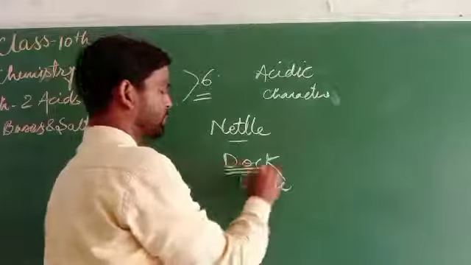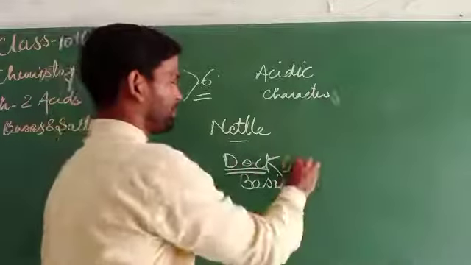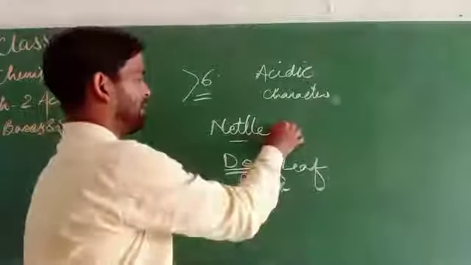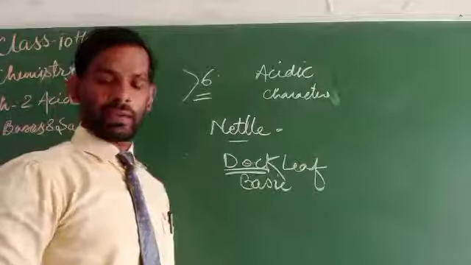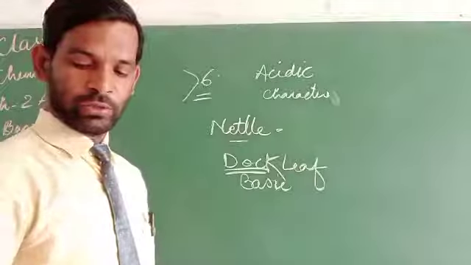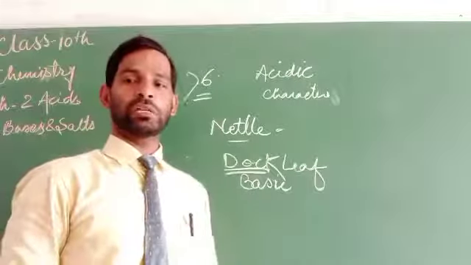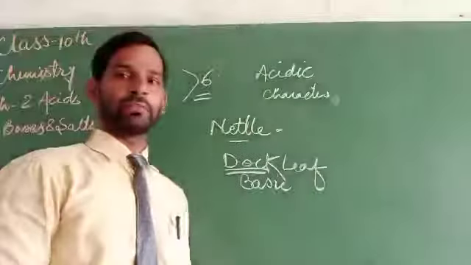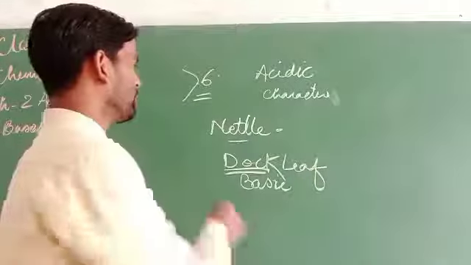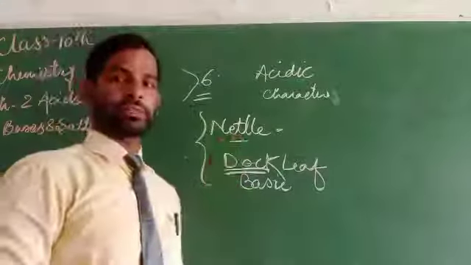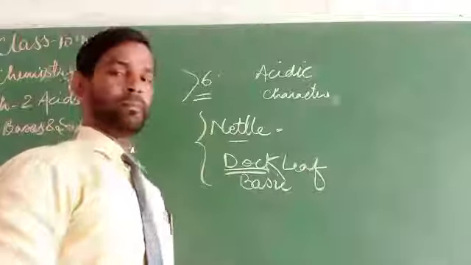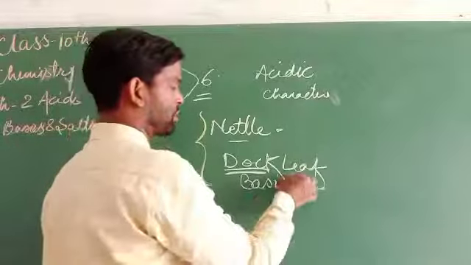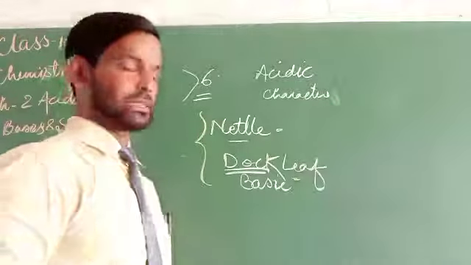So by using the extract of dock leaf, we can neutralize the effect of nettle, which is acidic. And if it gets neutralized, there will be no sensation, no irritation, or no effect. So for the neutralization of the effect of nettle stings, the leaf known as dock leaf is used.